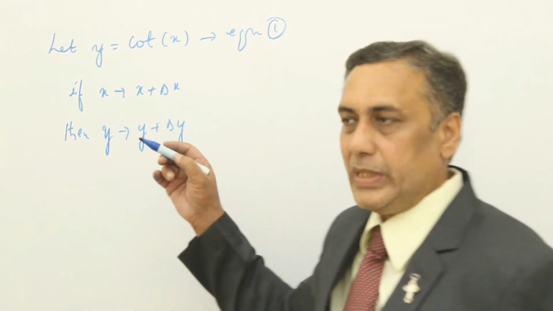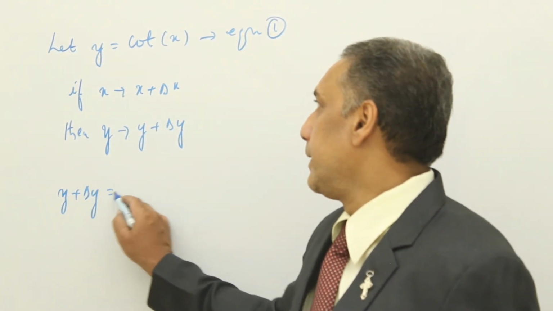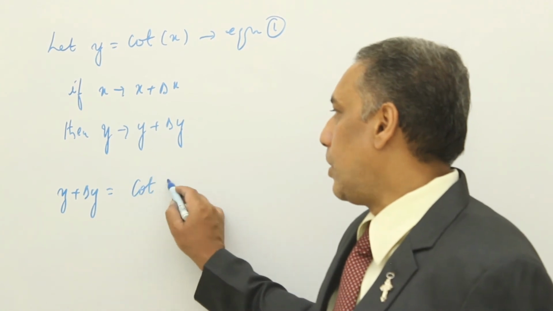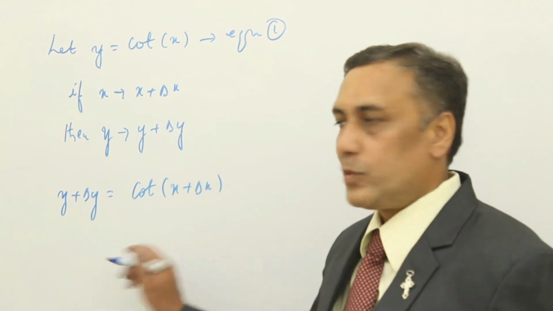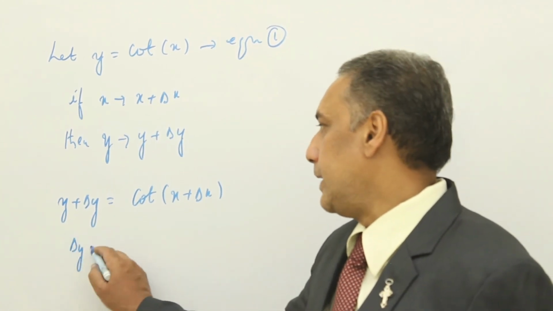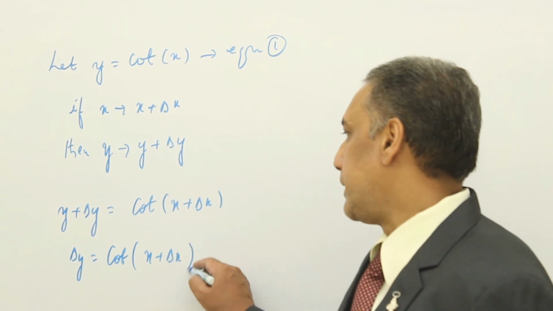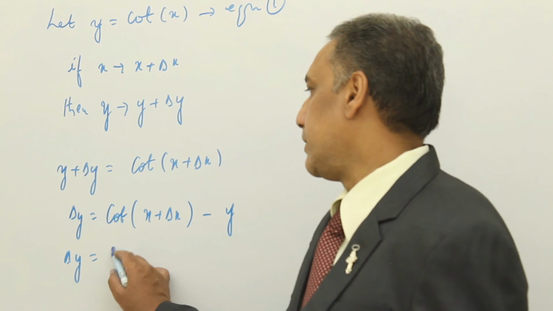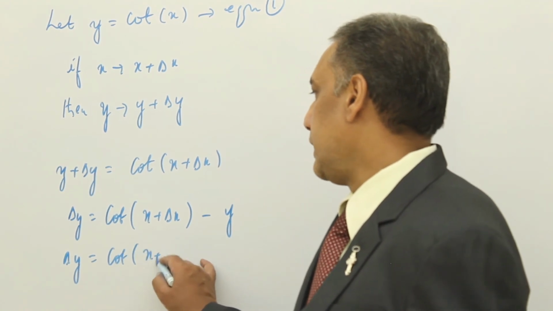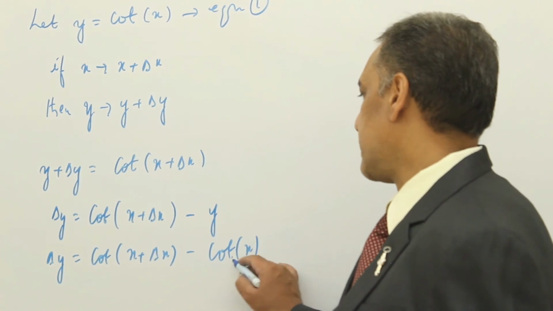Apply this into equation 1, you get y plus delta y is equal to cot of x plus delta x. Transpose y, you will be getting delta y is equal to cot of x plus delta x minus y. That is nothing but delta y is equal to cot of x plus delta x minus cot x.